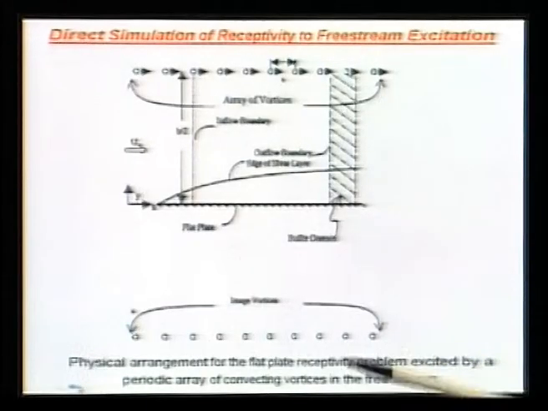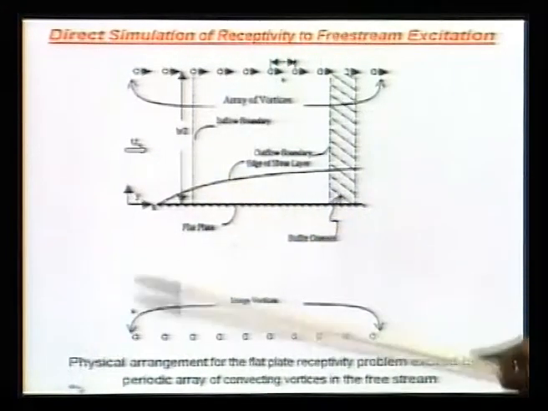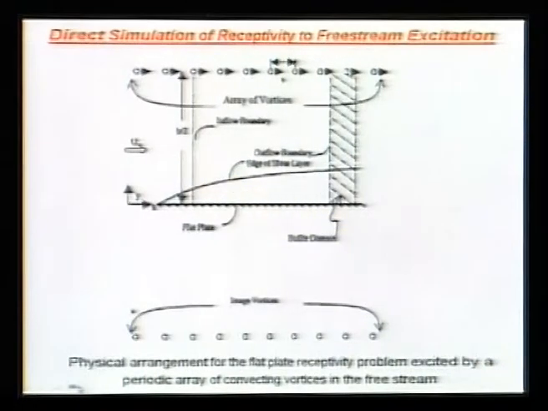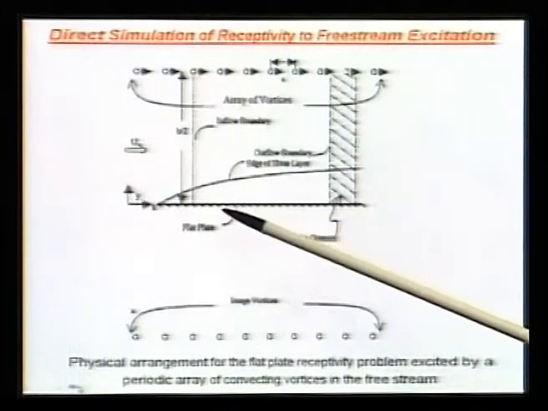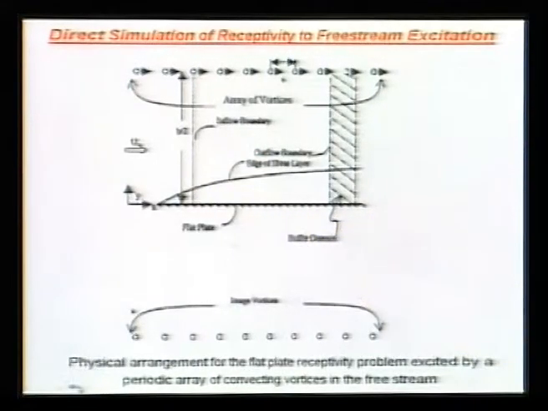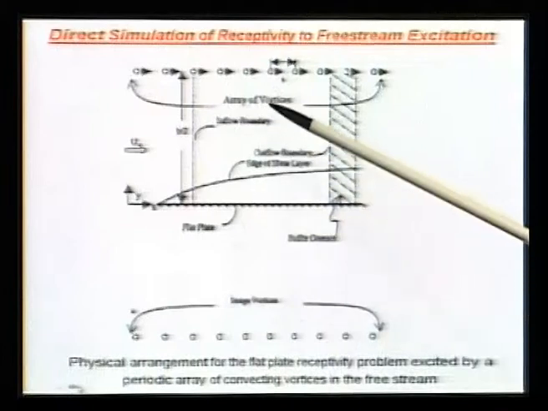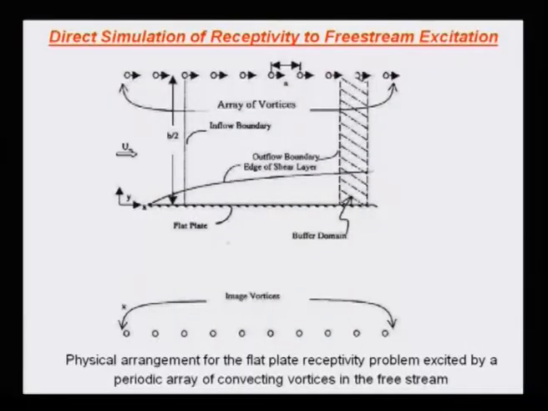The moment we want to simulate the flow past a flat plate like this, with, let's say, a very uniform free stream u infinity approaching the plate, because this is a no slip wall and we are putting some kind of singularities out there, these singularities will tend to create some induced velocity.